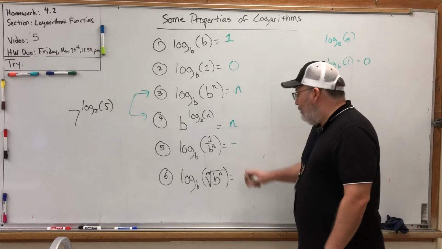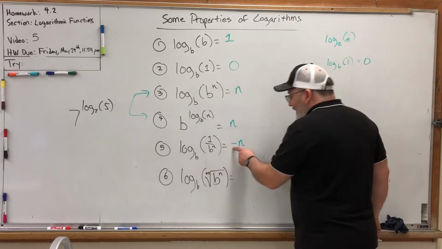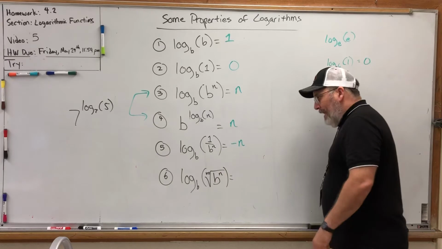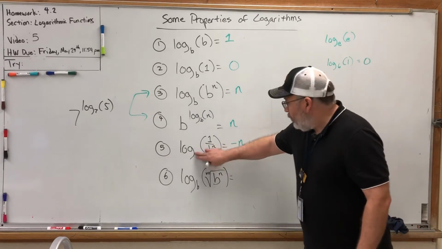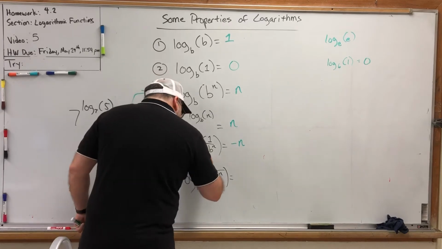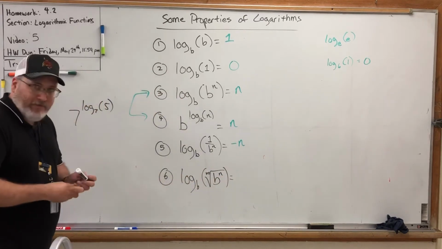Well, a negative power creates a reciprocal. Specifically, b to the negative n power is the reciprocal of b to the positive n power. So if you're forming a logarithm, and the argument is the reciprocal of something, there's a very good chance you're looking for a negative power.